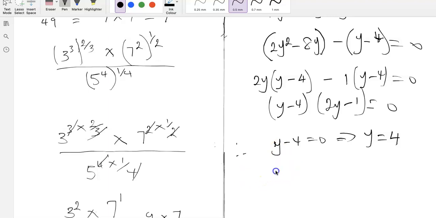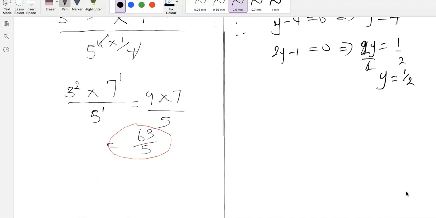Or we have that 2y minus 1 is equal to 0, which implies that 2y is equal to 1. Therefore, for us to get y, divide both sides by 2. This cancels, so y equals 1 over 2.